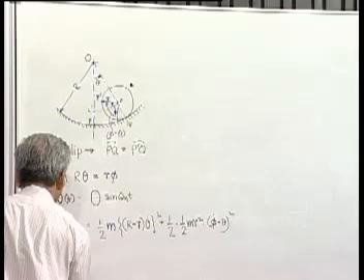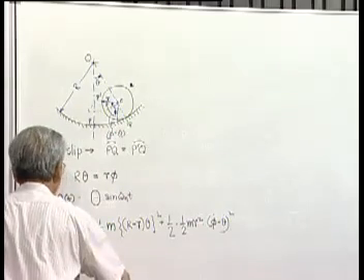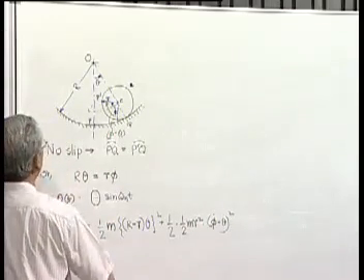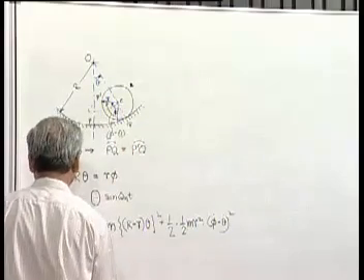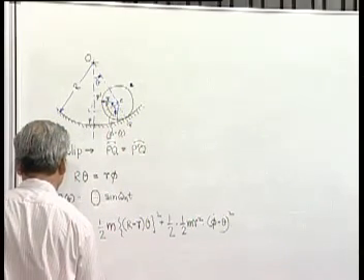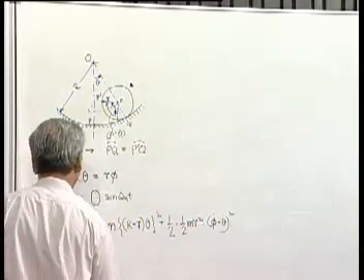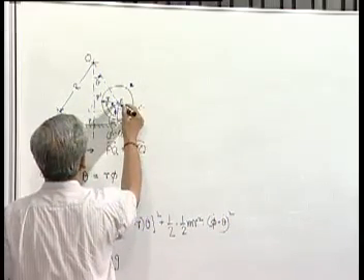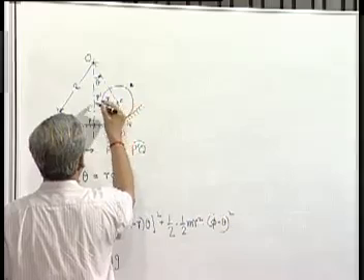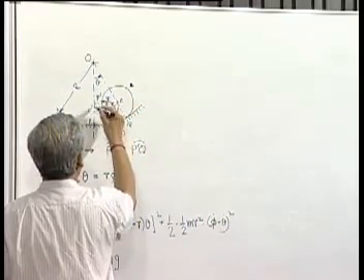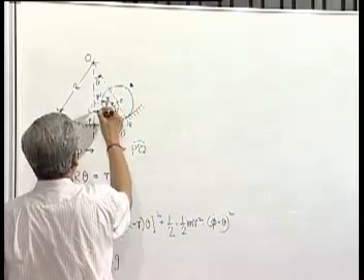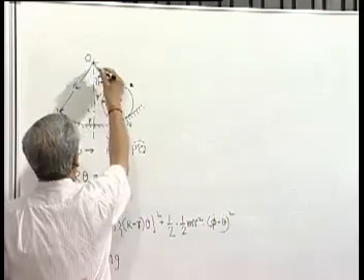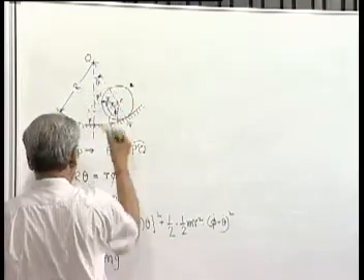Potential energy, similarly, we can write. The potential energy will be only gravitational potential, as you can see. And that is m g into how much height it has increased. It was here, now it has gone there. It is this, which is R minus r minus (R minus r) cosine theta.